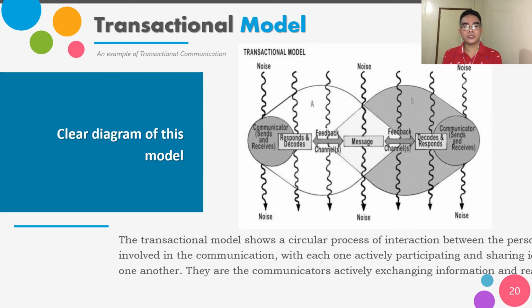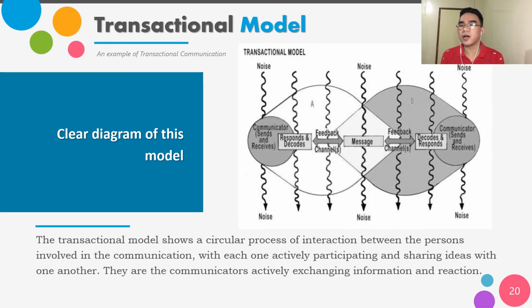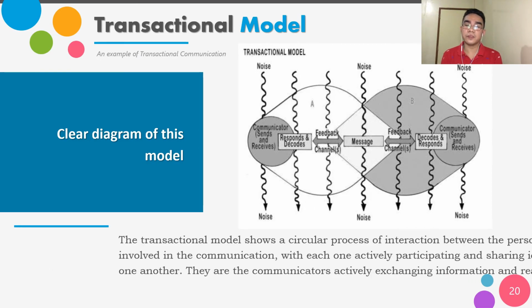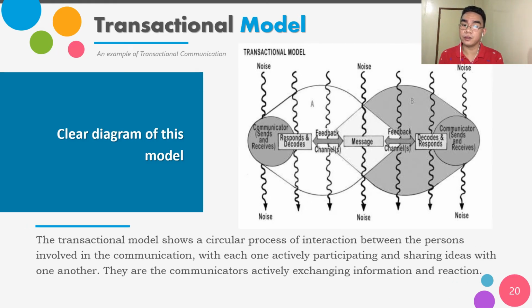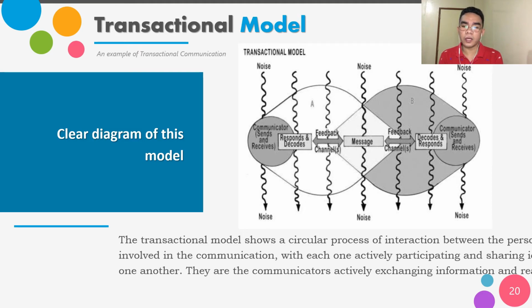So the transactional model shows a circular process of interaction between the persons involved in the communication, with each one actively participating and sharing ideas with one another. So they are the communicators actively exchanging information and reaction.